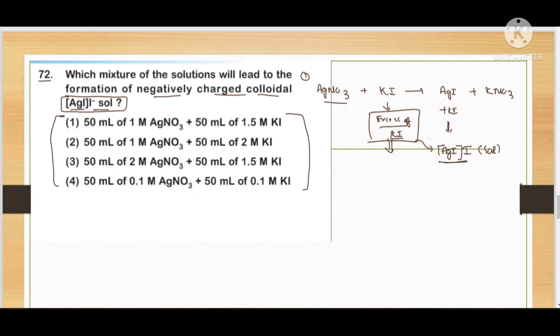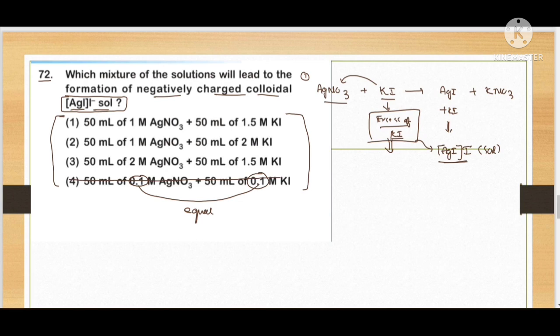Here in option 4, the concentration of silver nitrate is equal to the concentration of potassium iodide, 0.1 and 0.1. But we know that the concentration of potassium iodide must be greater than silver nitrate. That's why option 4, where both concentrations are equal, is eliminated.